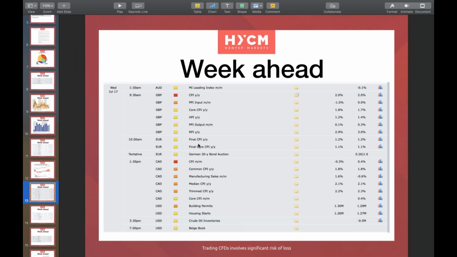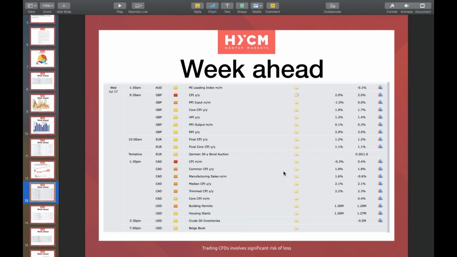So inflation is near the target, and they're expecting inflation to fall off towards the end of the year, okay? So any kind of uptick in inflation, any beat on this number is going to be positive for the Canadian dollar. So we want to look at that. We want to look at the trimmed CPI, and we want to look at the core CPI. And what we're looking for is a beat on these figures to give us a good potential for a Canadian dollar long.